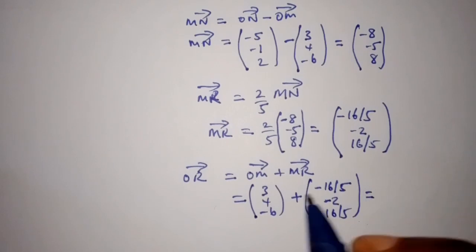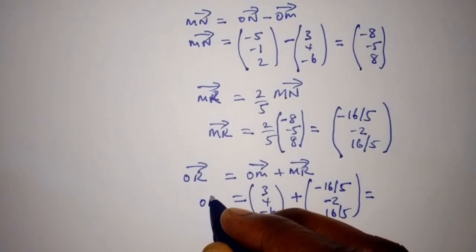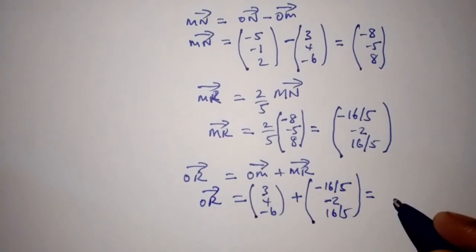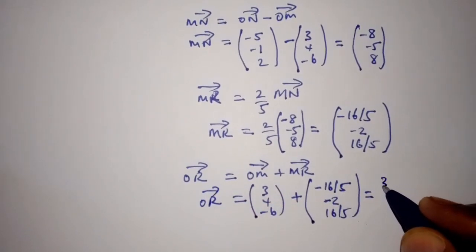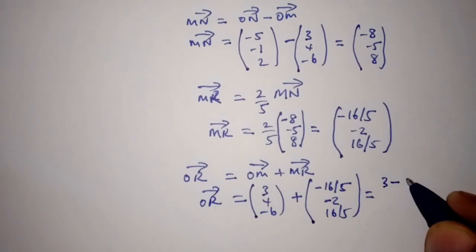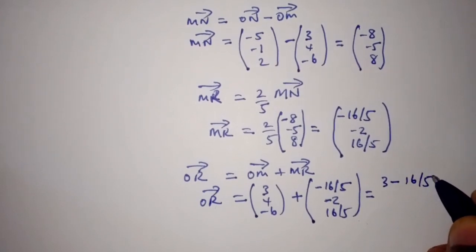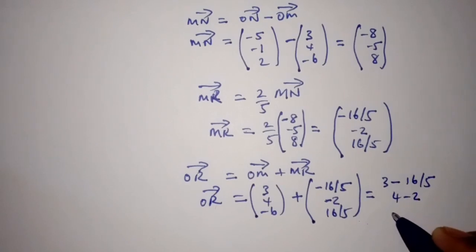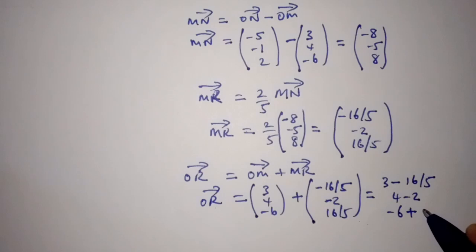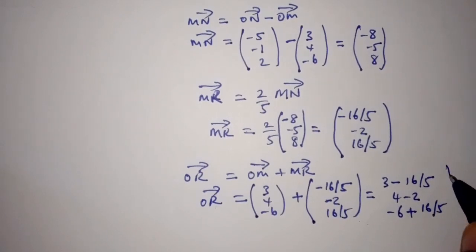This is going to give us vector OR equal to (3 - 16/5, 4 - 2, -6 + 16/5).